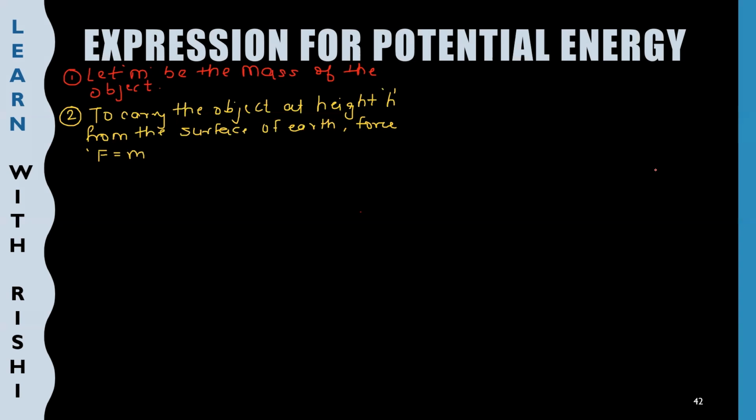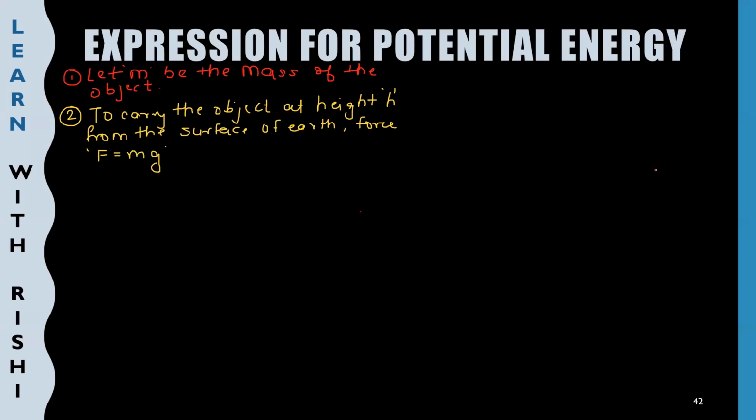Now here we are carrying the object above the surface of the earth, that is against the gravitational force. So here we will be using acceleration due to gravity, denoted by small g. So your force will be equal to mg, right?